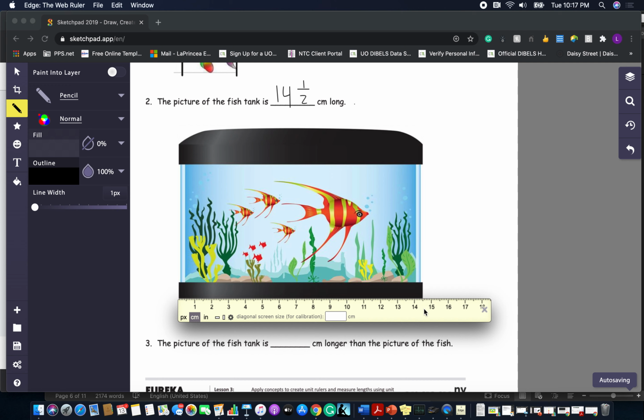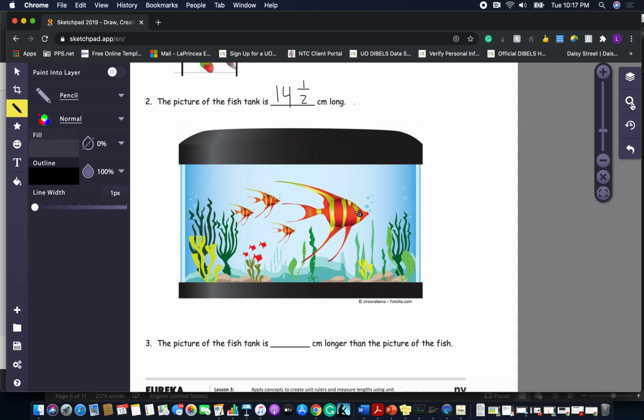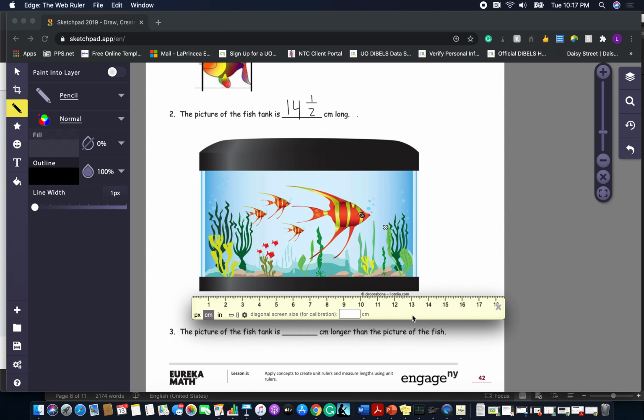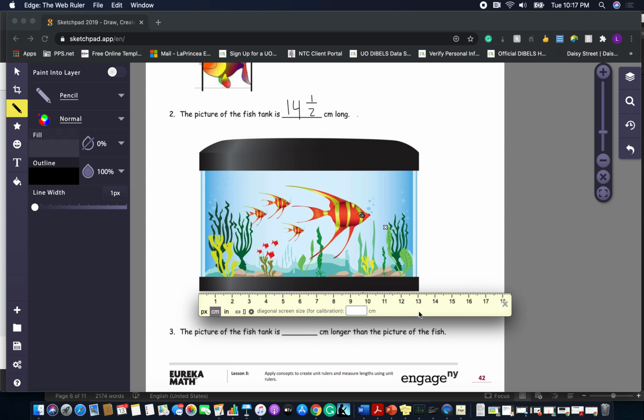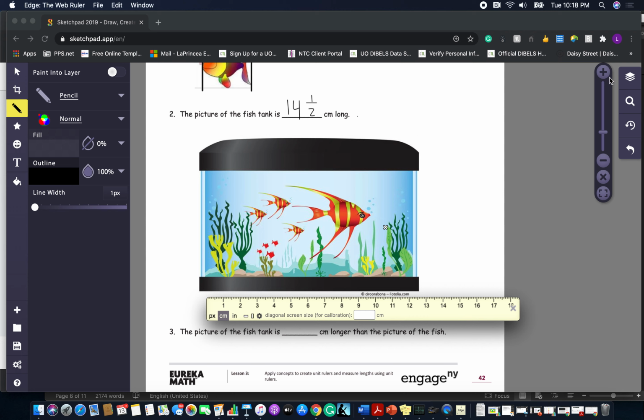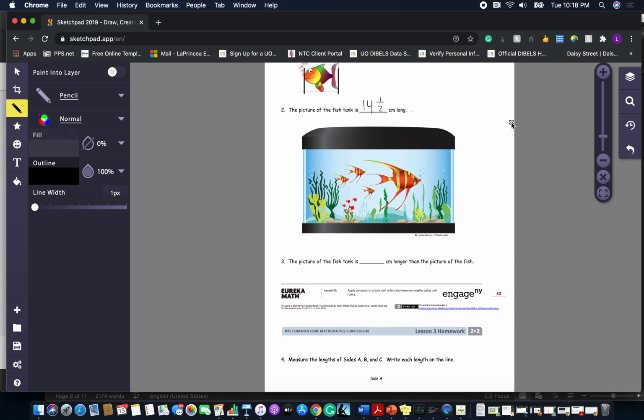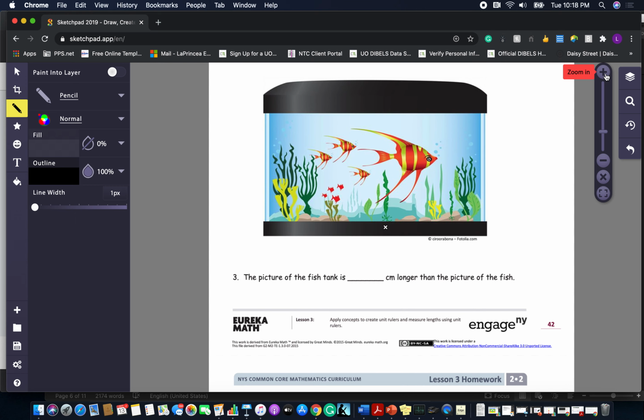The end point is right in the middle of the 15 and the 14, so it's 1/2. And it depends on whether or not you are zoomed in or not, because it may change. So I just zoomed out and I hit 13. So it depends on how much you zoom in on your paper. The size may change, but that's okay. The point is for you to understand how to use your ruler.